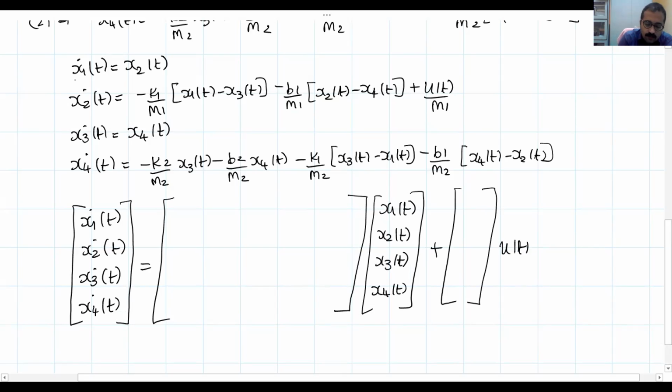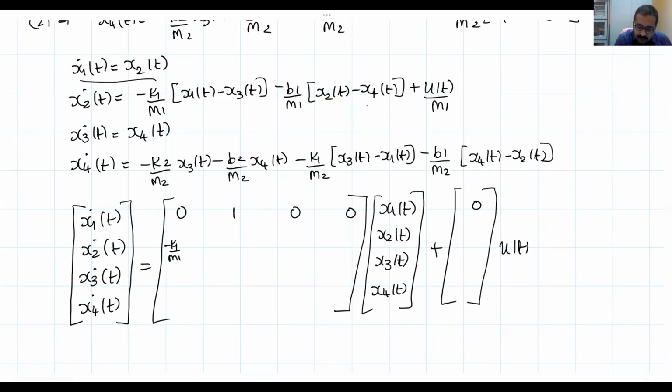Okay, so what is x1 dot? X1 dot is x2. So that means 0, 1, 0, 0. Expand: it is 0 into x1 plus 1 into x2 plus 0. So x1 dot is x2. What is x2 dot? Minus k1 by m1 for the x1 term, we have picked up only minus k1 by m1, correct?